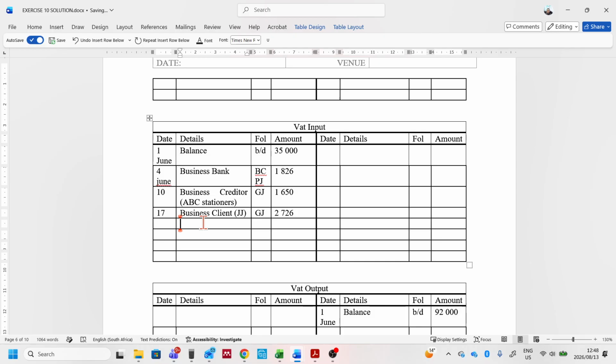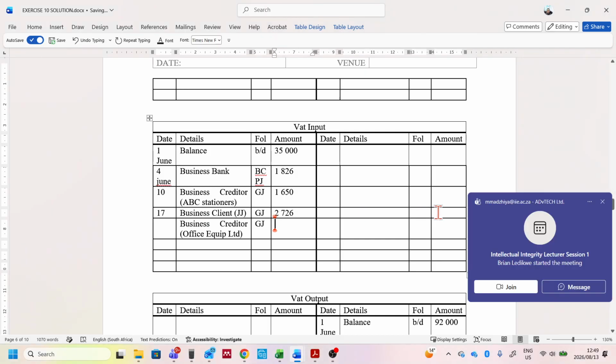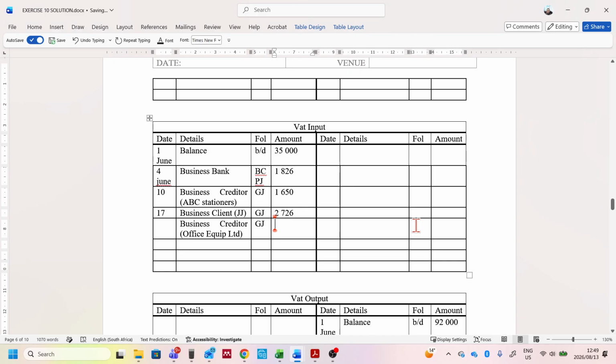We debited equipment, debited VAT input, credited business creditor. And this was recorded in General Journal. The amount is 1,425.